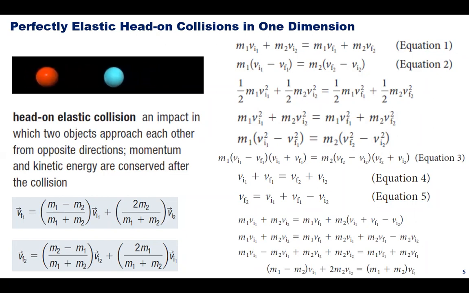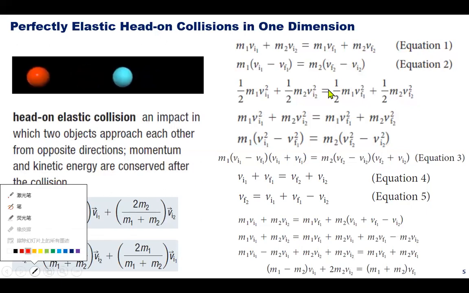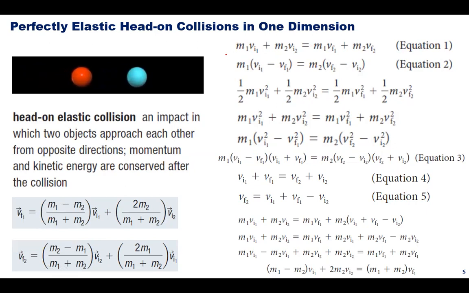The conservation of momentum tells us that the total momentum of the system in the initial state, which is m1 vi1 plus m2 vi2, should equal the total momentum of the system in the final state, which is m1 vf1 plus m2 vf2, which is here. It's the very first equation here. Okay, let's call this equation number 1.